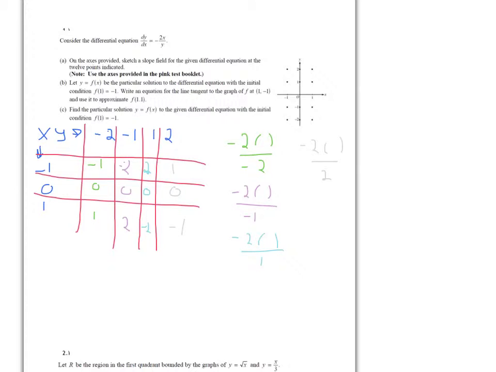Okay, so now we just need to plot the slopes, these slopes that are here. So if we want to plot these slopes, if we're looking at let's say the green ones, at the point -1, -2, so x value -1, y value -2, my slope is -1.